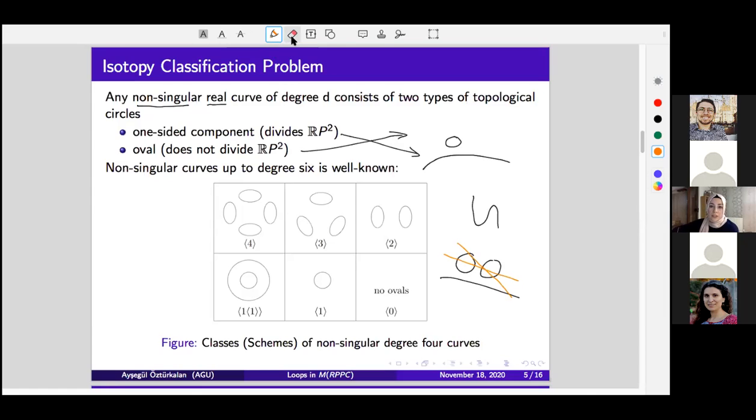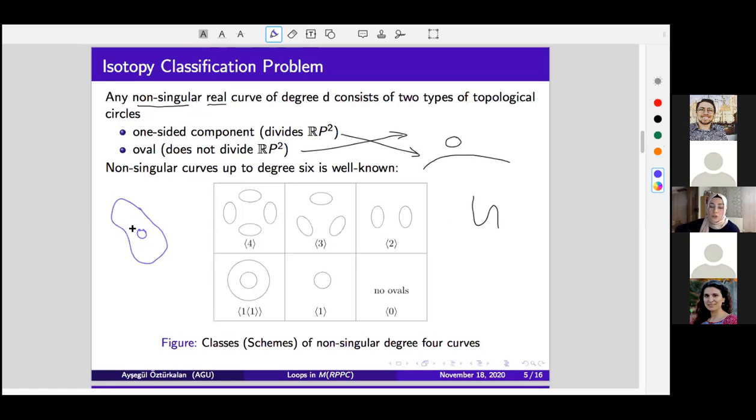These classifications are done up to degree 6, as I said. Here I put degree 4 schemes. Each of these classes is called a scheme. Why schemes? For example, when you have something like that, it is the same as this one.